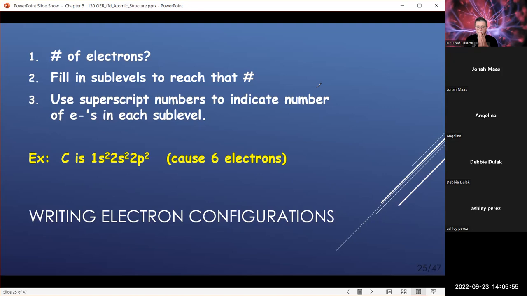Knowing how many they have in the outermost shell will tell us a couple of things. One, depending on the number of electrons in the outermost shell, an atom could either gain more or lose what it has to get to that stable state of having 8 electrons around the outermost shell.